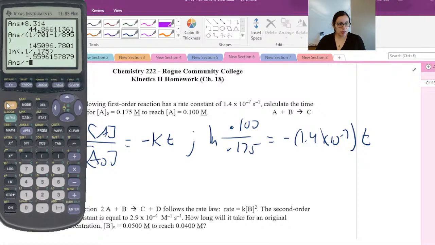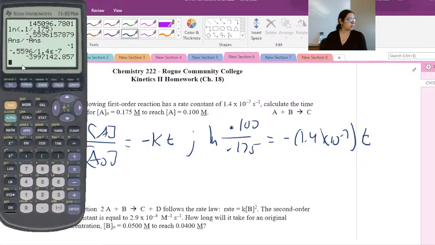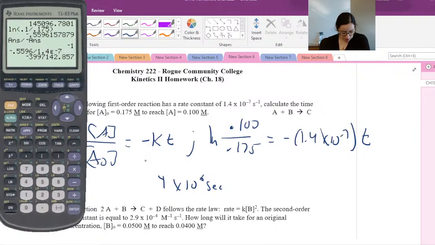Divided by negative k. That doesn't seem right. What did I do? Sorry, I messed up my sign. That should be positive. So let's see where we are: about 4 times 10 to the 6 seconds from the calculator. I got that as well. Excellent.